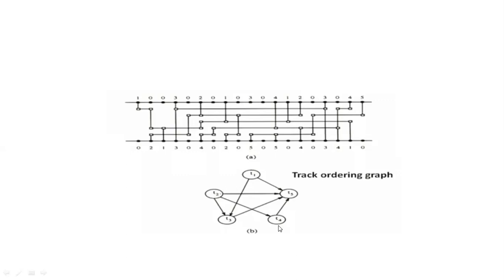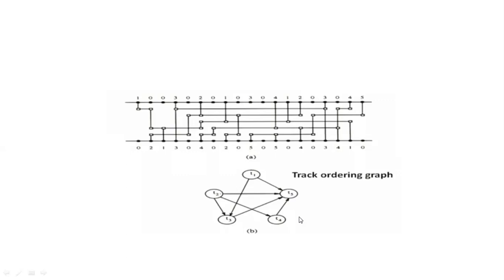Likewise, there is no dependency between T2 and T3 and T4. But there are dependencies between T1 and T5, T2 and T5, T3 and T5, T4 and T5, T2 and T4, T2 and T3, and T1 and T3 as well.